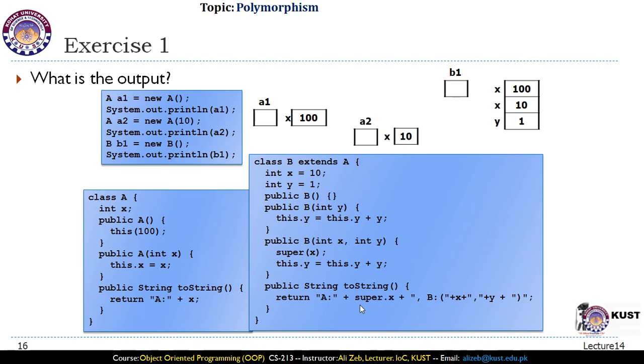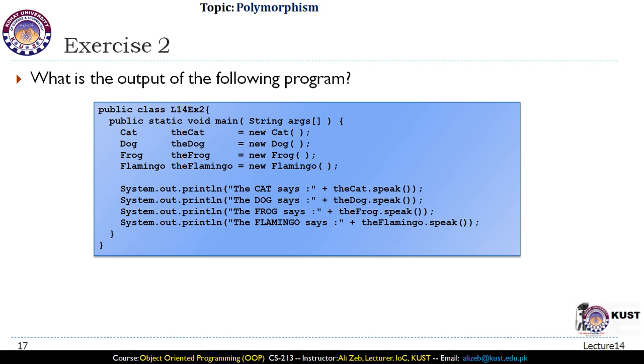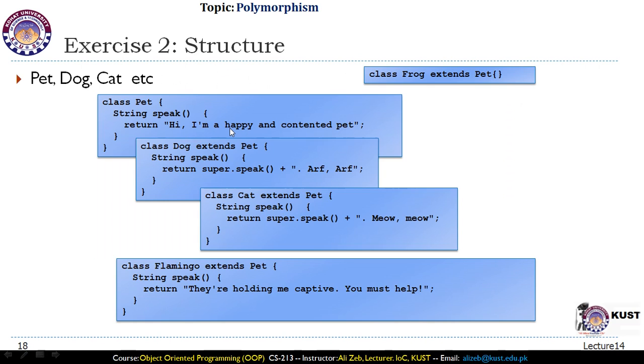In this other exercise, we have some objects that belong to an animal or pet class. These are the subclasses of the pet class that we can see in this slide.